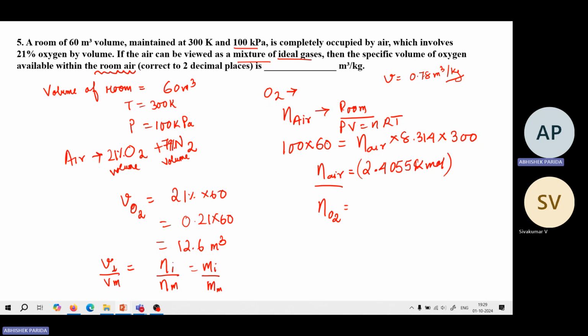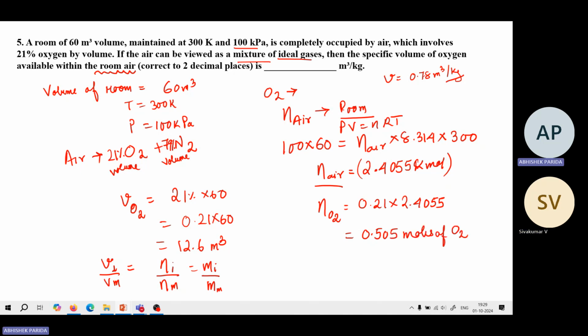So we multiply 0.21 into 2.4055. Calculate how much it is. 0.505. Yes, 0.505 kilomoles of oxygen is there in this room.